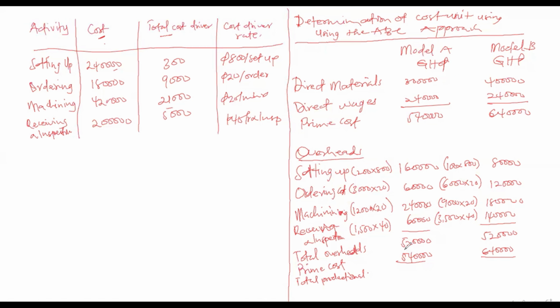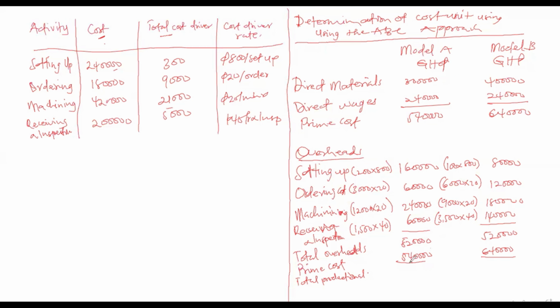So per unit should go with per unit. Don't add the total overheads to prime cost per unit. You first need to divide by the units produced to get the overheads per unit before you add. But here we are adding straightforward because the prime cost is also in total.